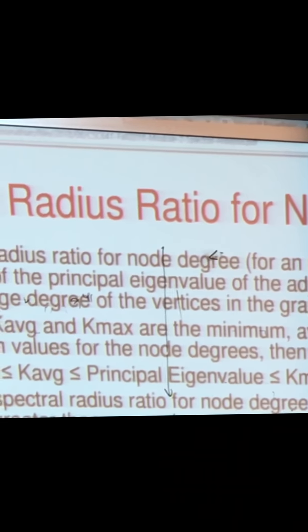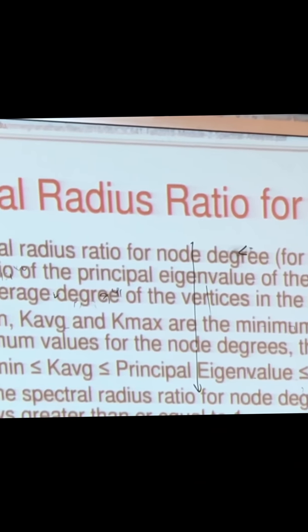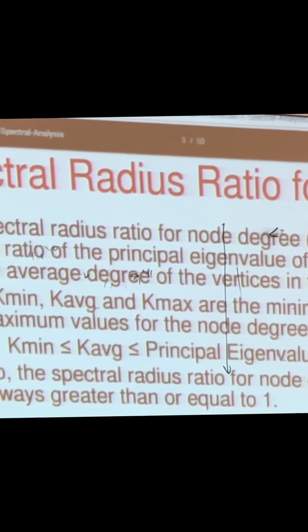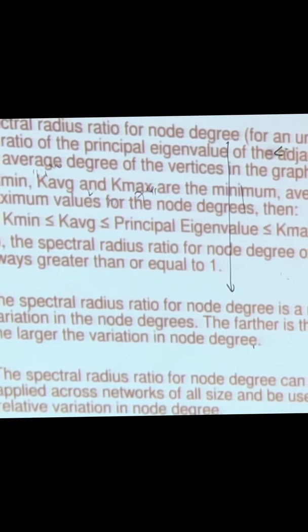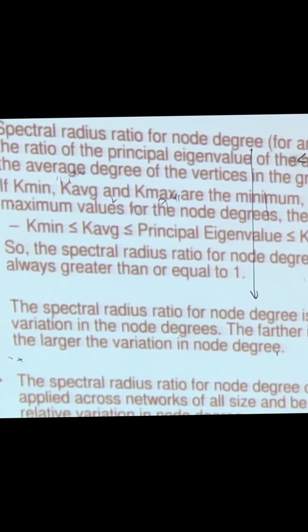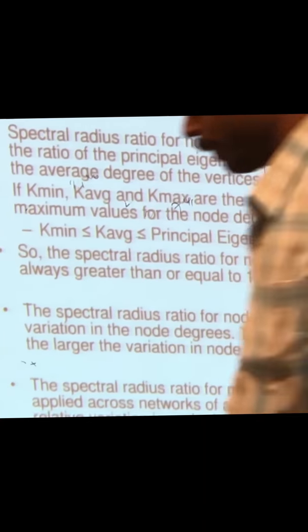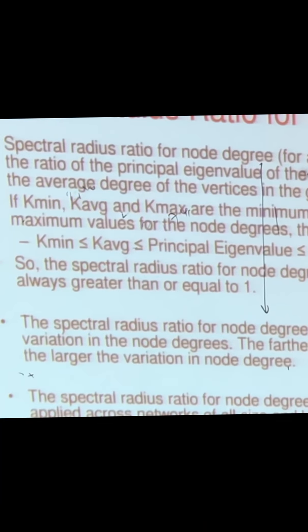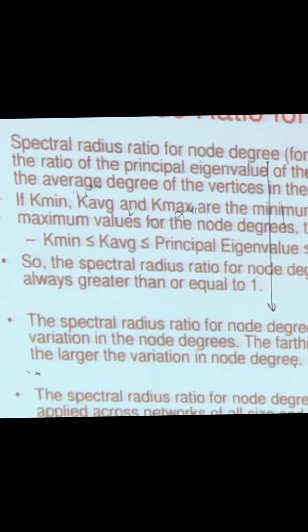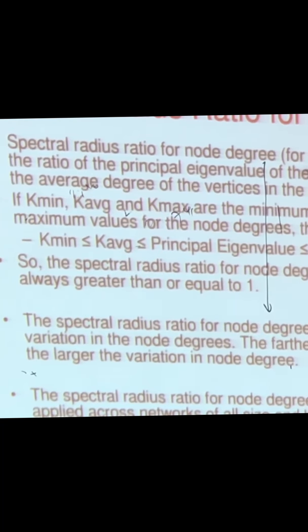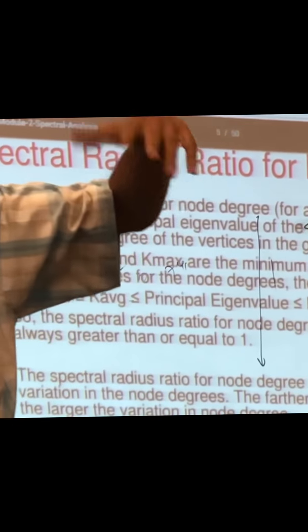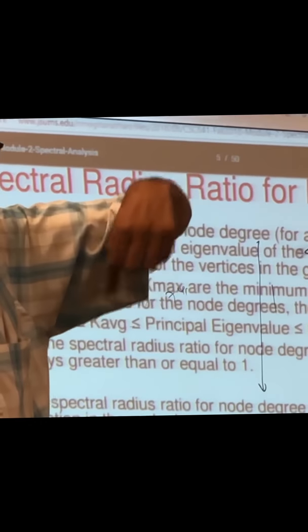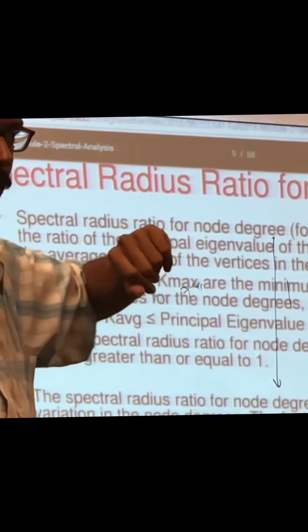What it does is basically capture the extent of variation in the degree of a graph. If you are given some numbers and you want to find the variation in that list, what is the statistical measure you typically use? If you want to find the average, you would use the mean: you add all the numbers and divide by the number of numbers.